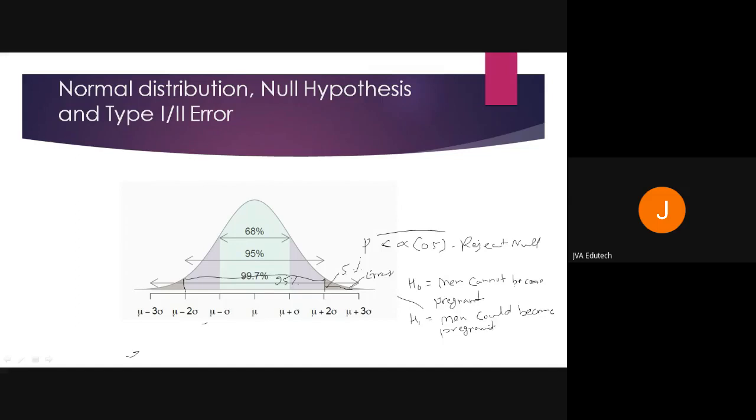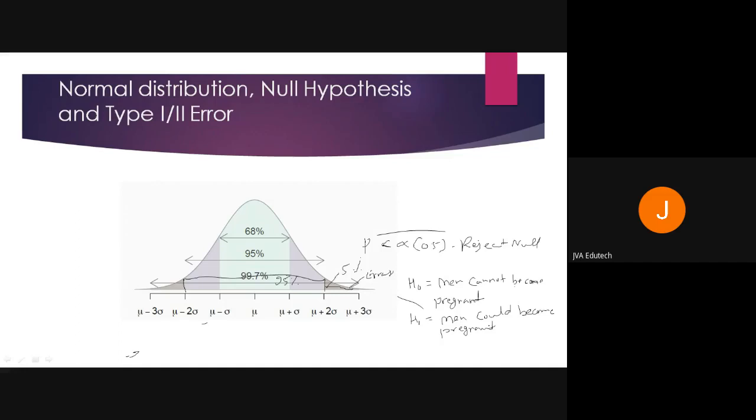So if I test this hypothesis, and if my p-value is less than 0.05, it means that whatever hypothesis I am testing in my population and whatever result I am getting, that is not happening by chance. So the null hypothesis will be rejected. However, here I am making an error. I'll come to that.